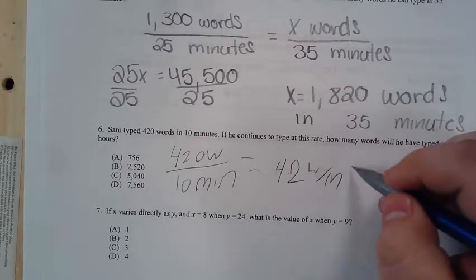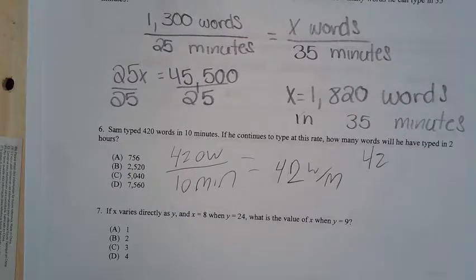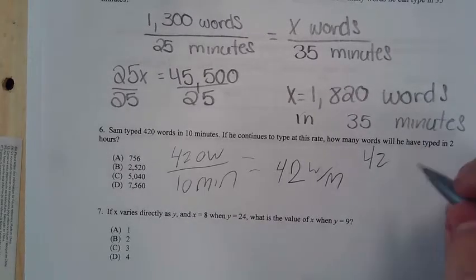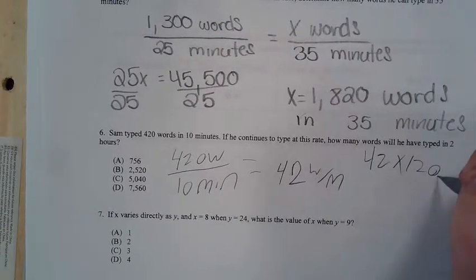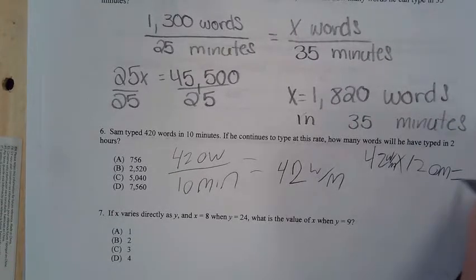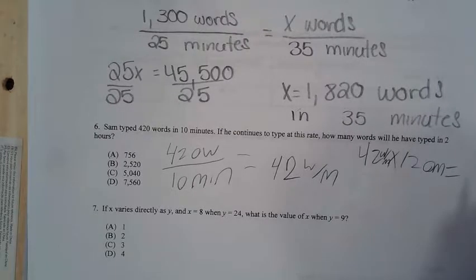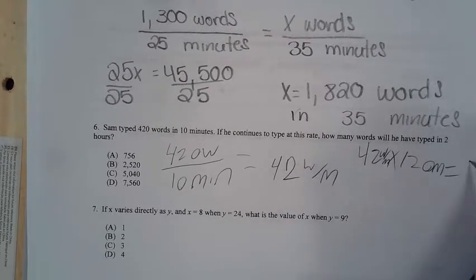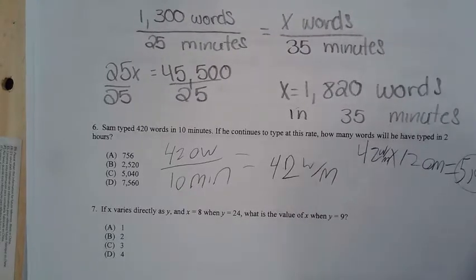And then you do 42 times how many minutes are in 2 hours, which is 120. Got the variable. And then multiply those up, get an answer of 5,040.